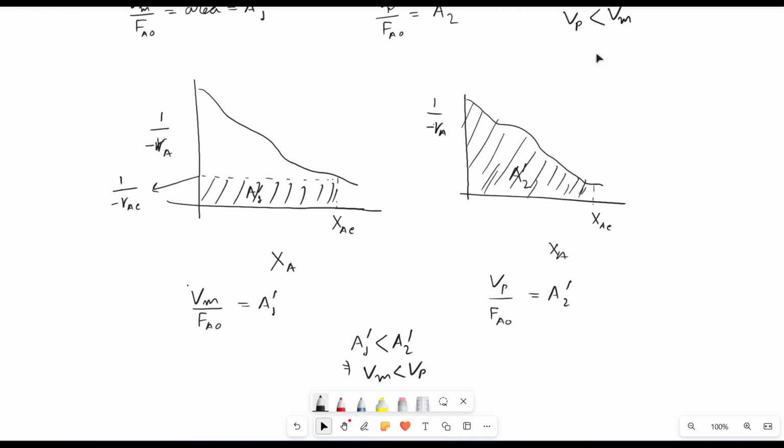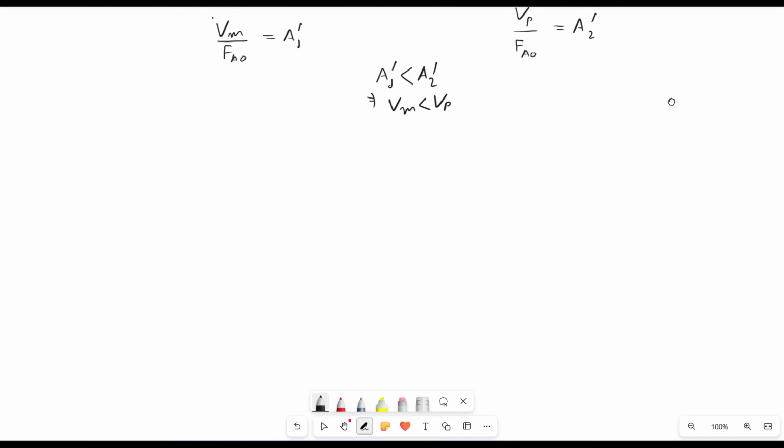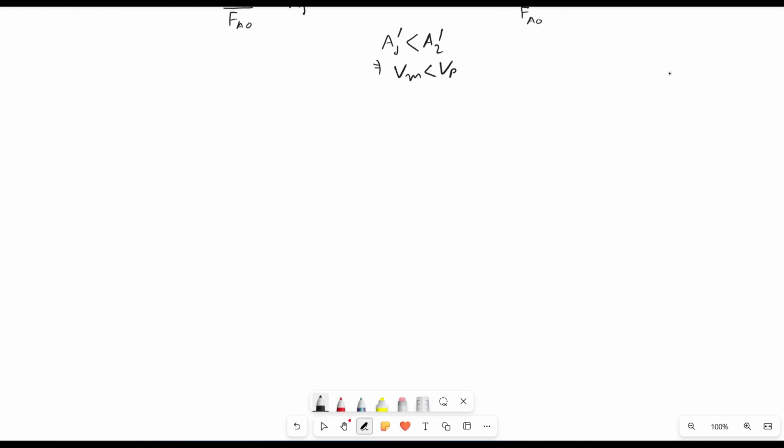Let us take another case. Suppose the reaction is such that the curve is like this, and you want to take conversion up to this XAE, and this is 1 by minus RA.